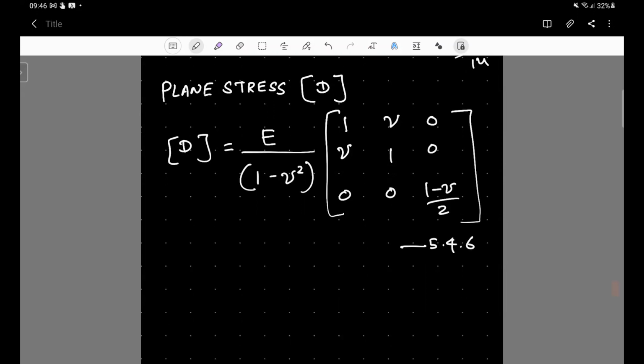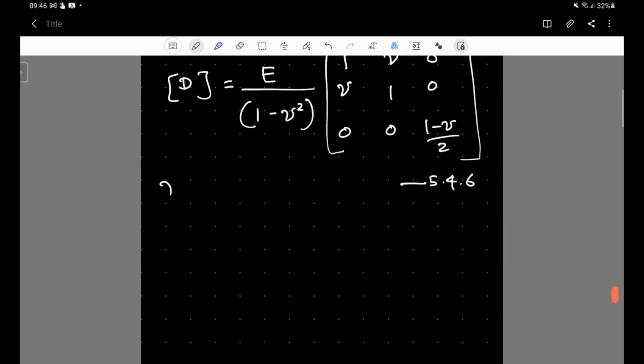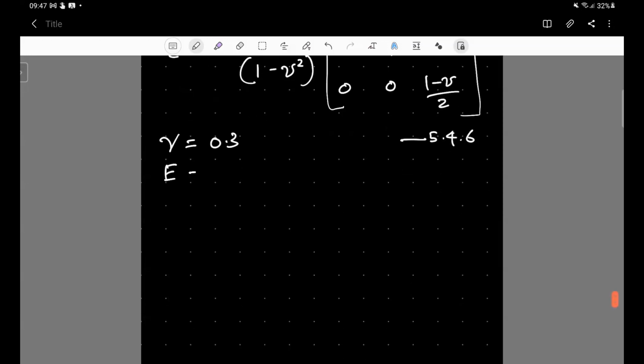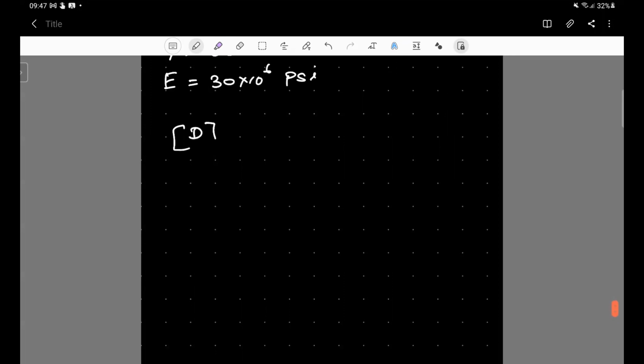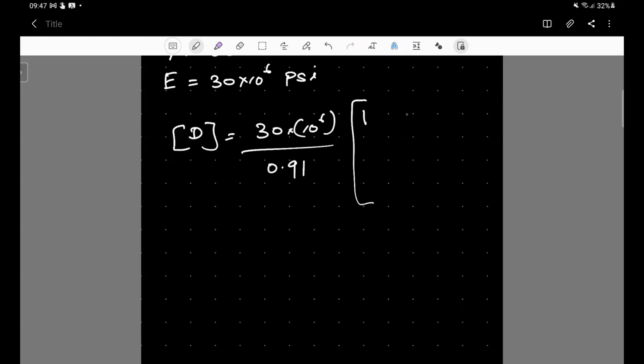Since we are given the material properties, where nu should be taken as 0.3, the Poisson's ratio, and the modulus of elasticity, 30 times 10 to the power 6 pounds per square inch, D can be written as 30 times 10 to the power 6, 1 minus nu squared would yield 0.91, and the remaining terms.